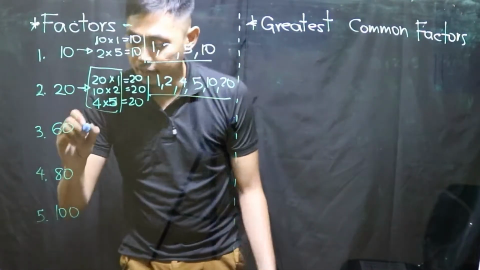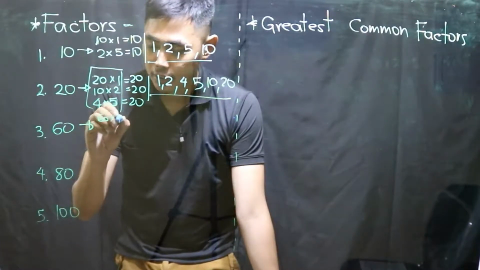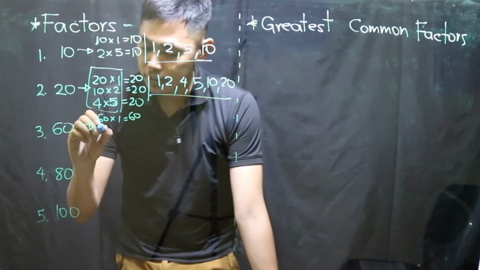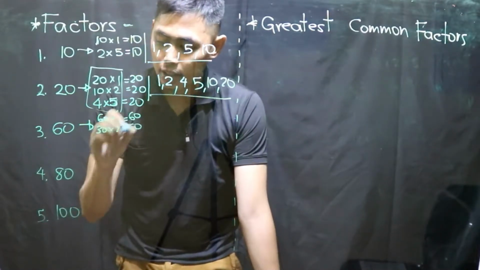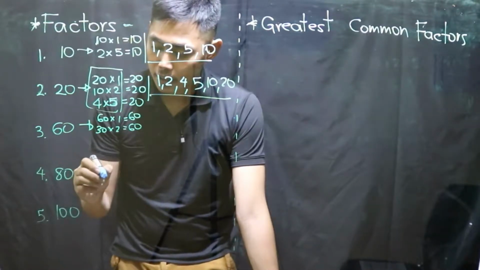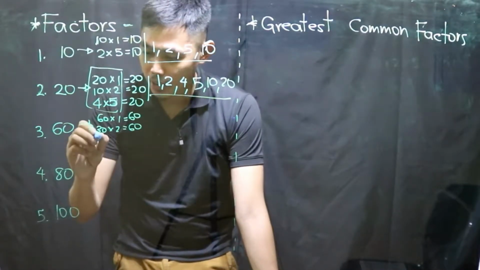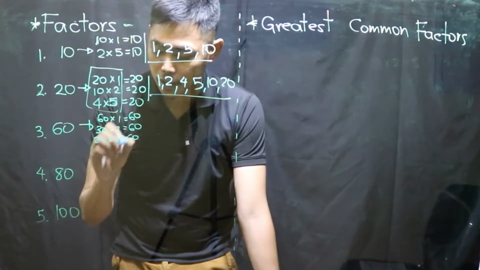How about 60? Let's say 60 times 1 is equal to 60. 30 times 2 is equal to 60. This is divisible by 3: 20 times 3 is also 60.